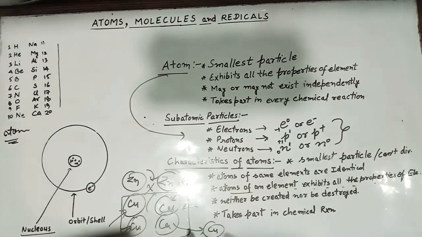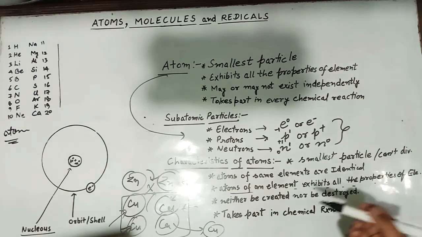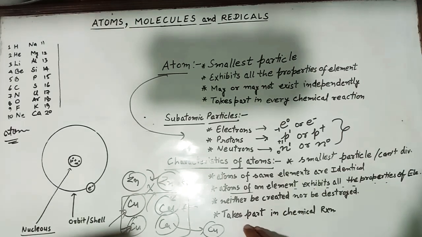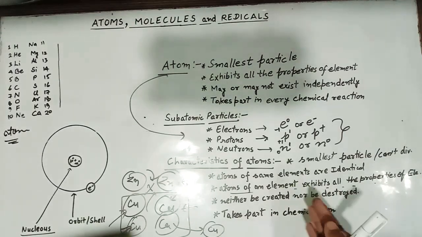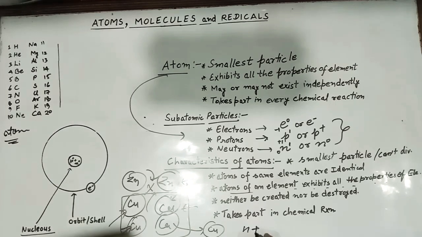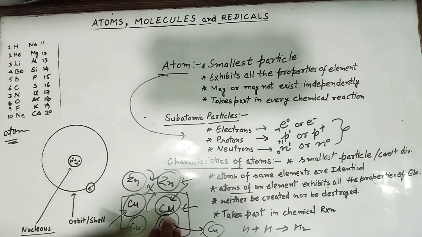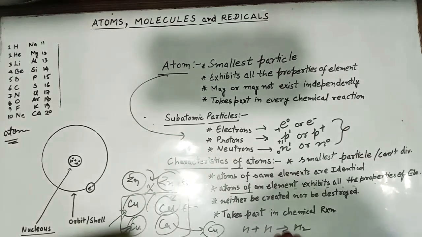Atoms can neither be created nor destroyed. We can't create and can't destroy the atom. And atoms take part in chemical reactions, as we have seen when two hydrogen atoms combine to form hydrogen gas.